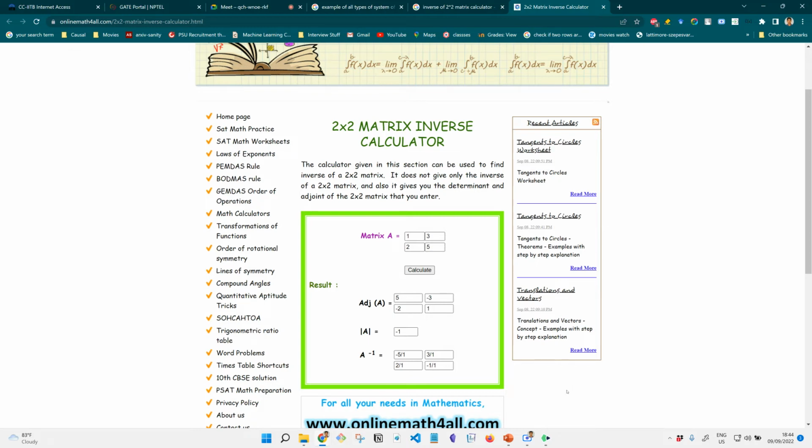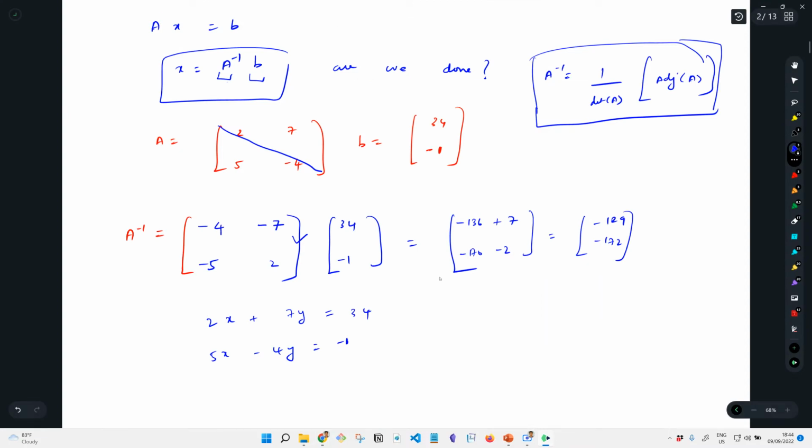Okay, sorry. I think I told you the wrong thing. What is happening here is you will swap the off diagonal elements, and you will change the sign of the leading diagonal elements. Sorry guys, I think I made a mistake in the inverse calculation.